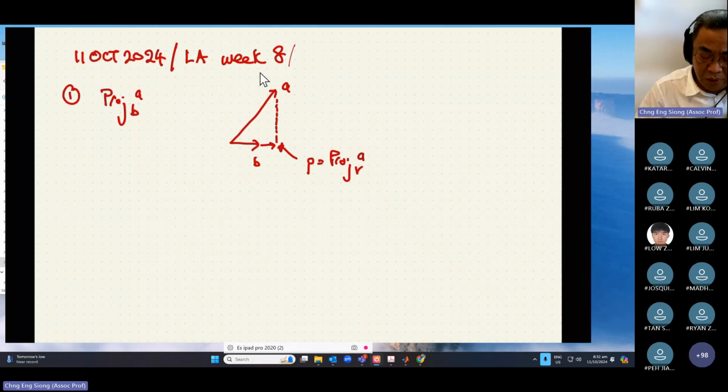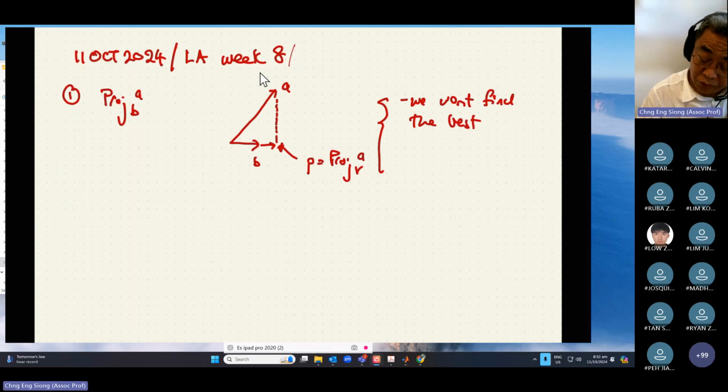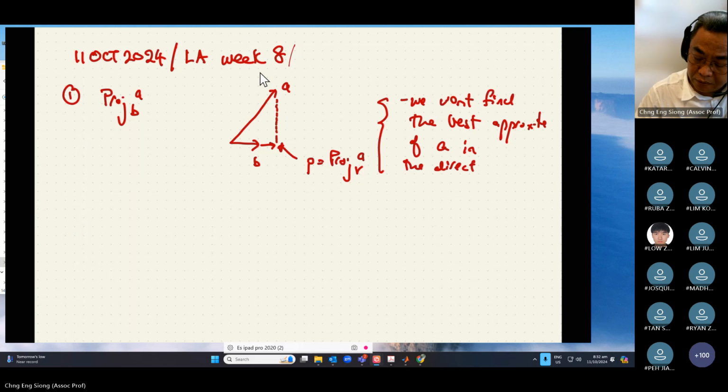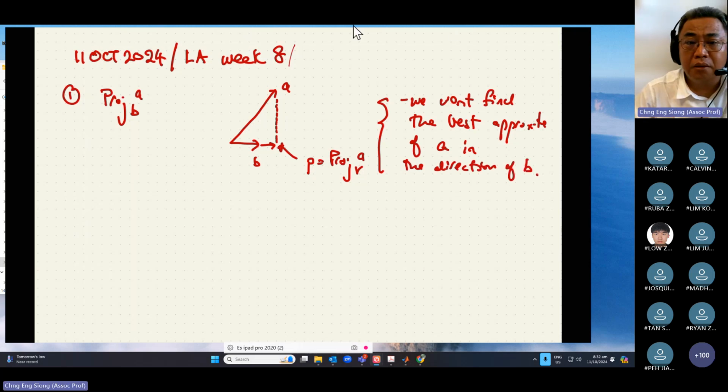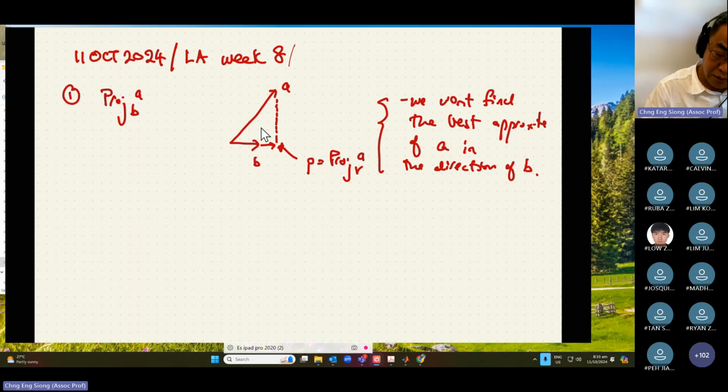And why are we doing that? Well, there are many reasons. One is we want to find the best approximation of A in the direction of B. And when we say that, what we are saying is that this is the direction of B. Let's draw in green, maybe I'll find a highlighter.